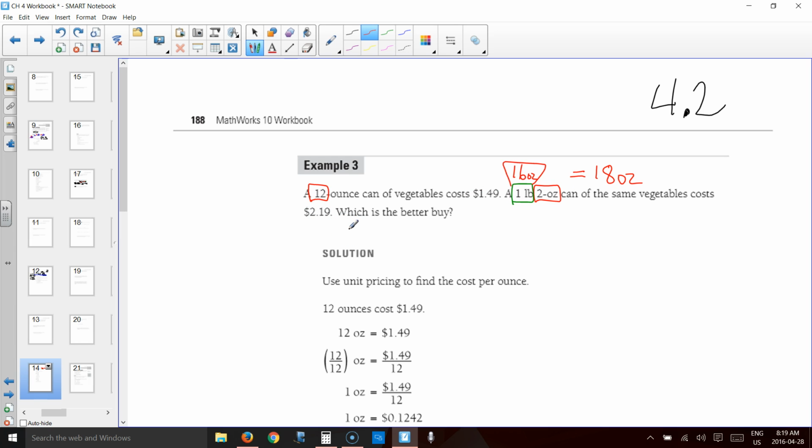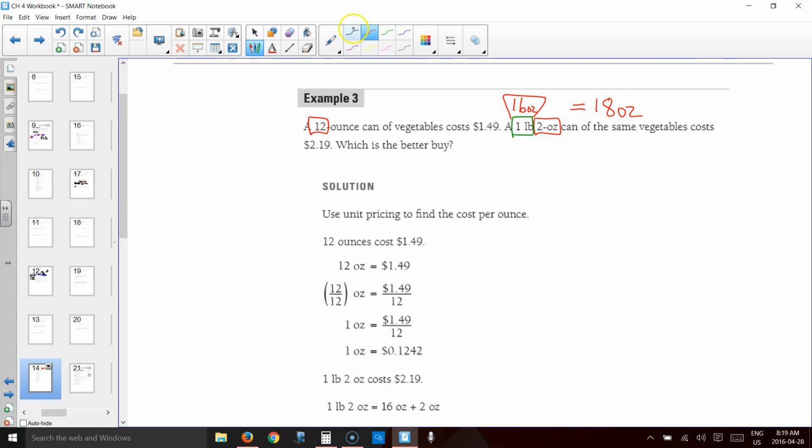So let's do a unit rate. We have a choice, and this is very important that you understand. You have to make the decision. Are you going to express your answer in ounces per dollar? So I get a certain number of ounces for a dollar. That's one way to compare it.